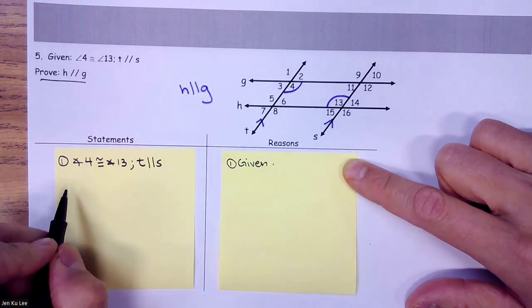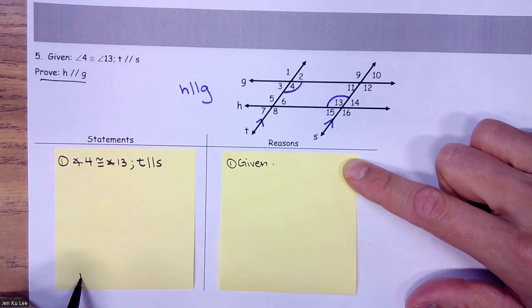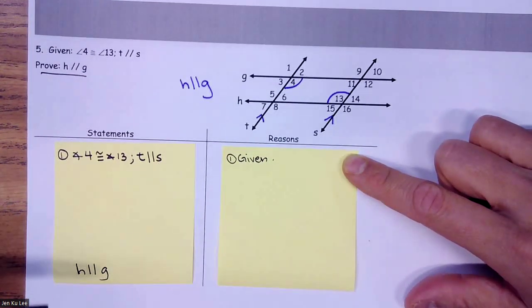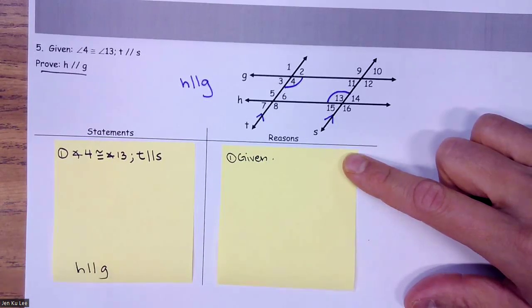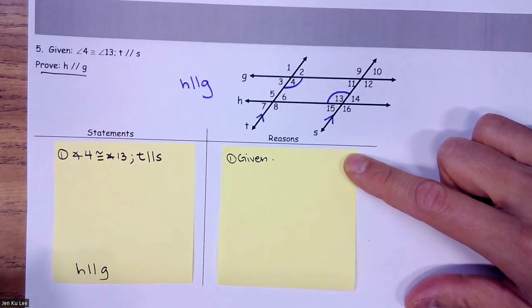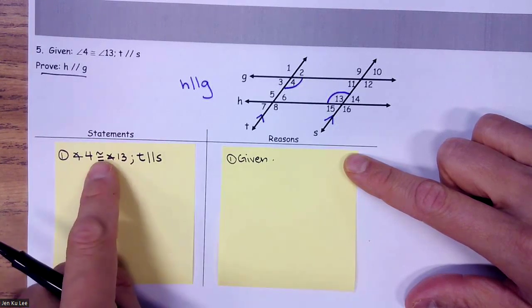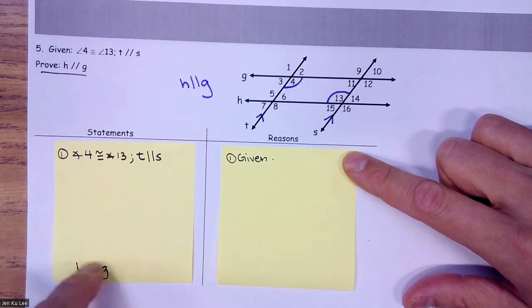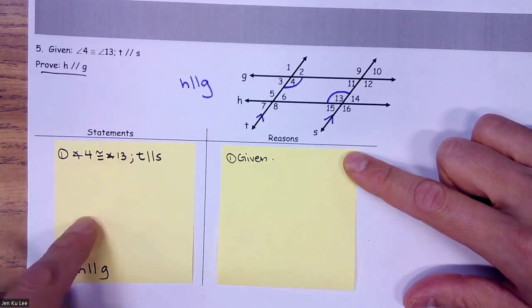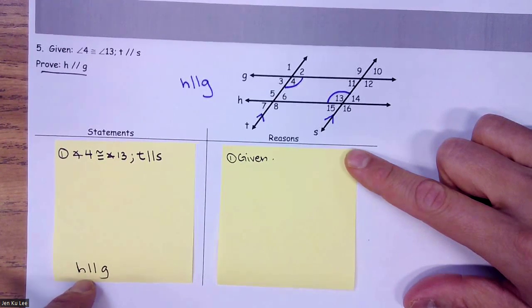The second step then, and I know the last step will be H is parallel to G. Remember that these 3 steps, 1, 2, 3, these 3 blanks is the most basic proof that you can do. You start off with the given, and the reason is given. And then the last step is that proof statement. Now we just got to reason our way through to get this.